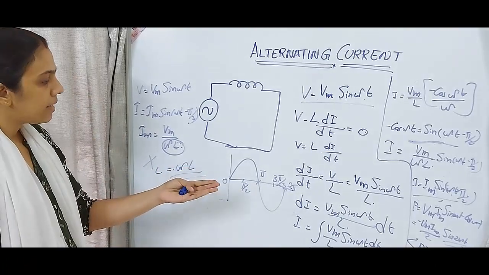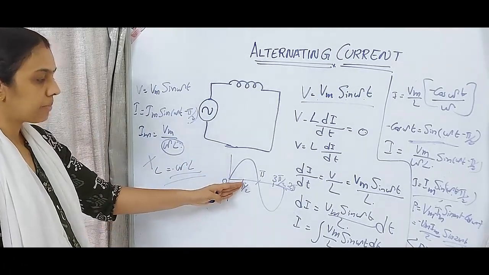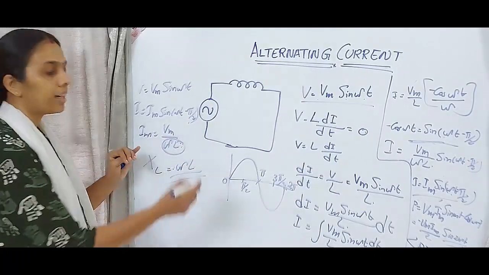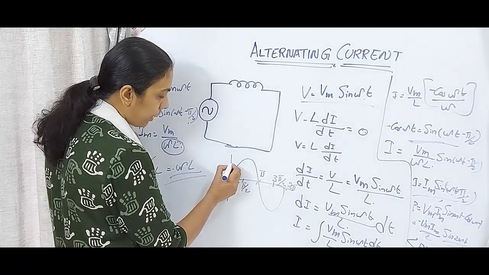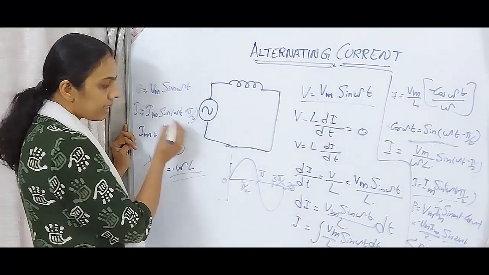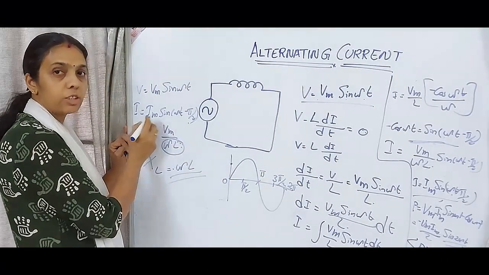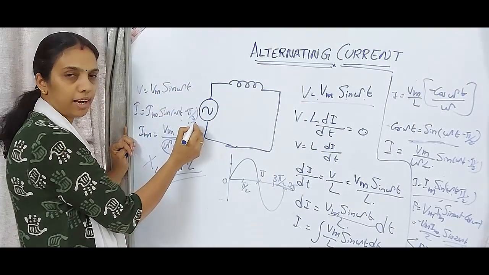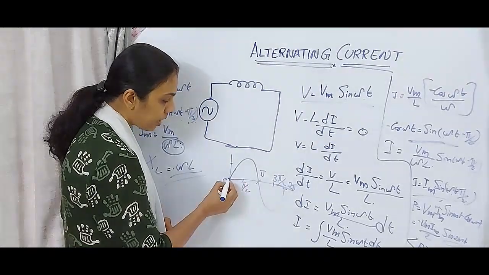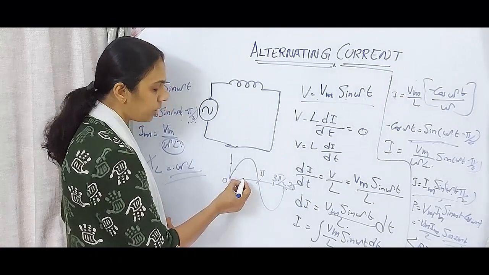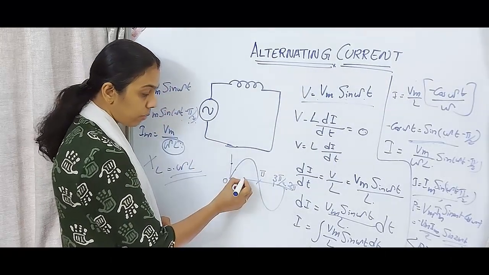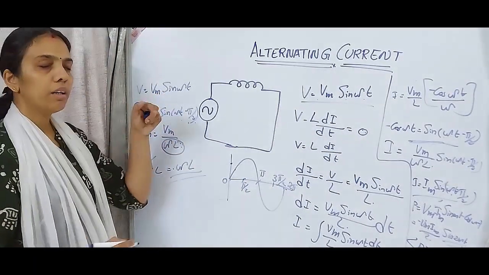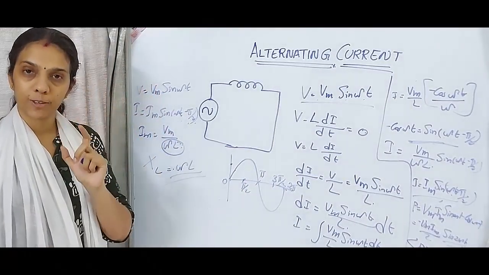That means when the voltage is maximum at pi by 2, the current will reach its maximum only later. The same current value will start from pi by 2 instead of 0. Both have a phase difference of pi by 2.